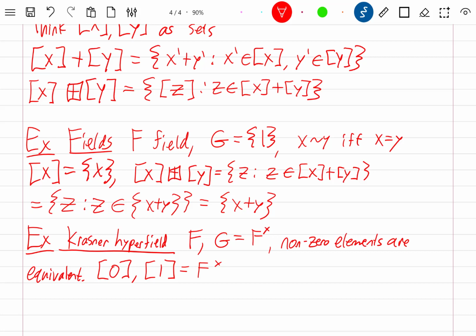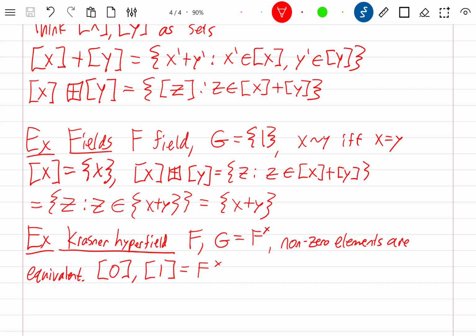I guess there's a caveat: if F is the field of two elements, then F star is just 1, and then we're back in the fields case. So assume F has at least 3 elements. If we take F star and add it to itself, its multiplicative inverse has to live in there somewhere.